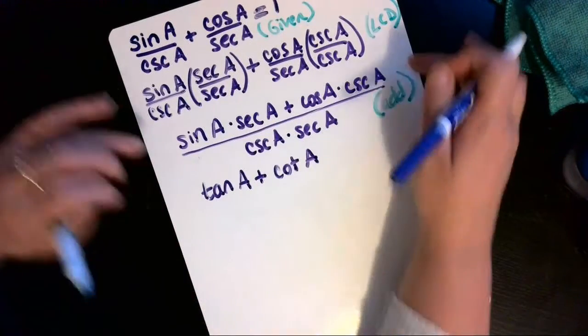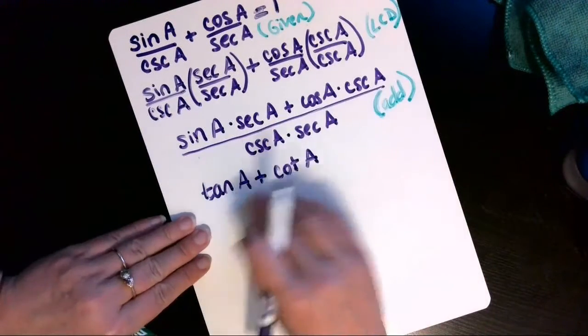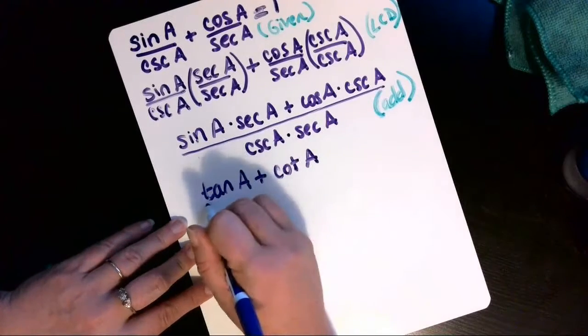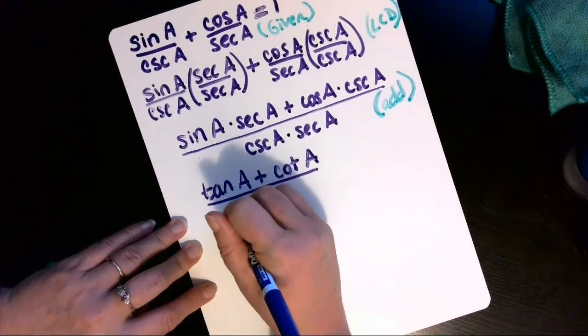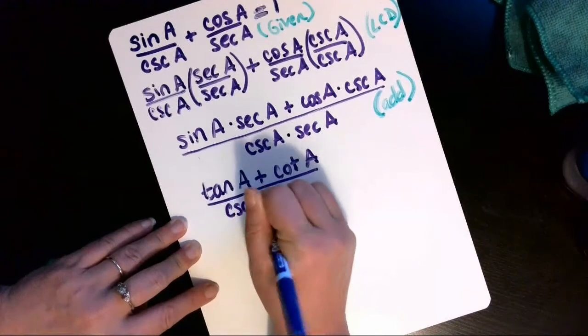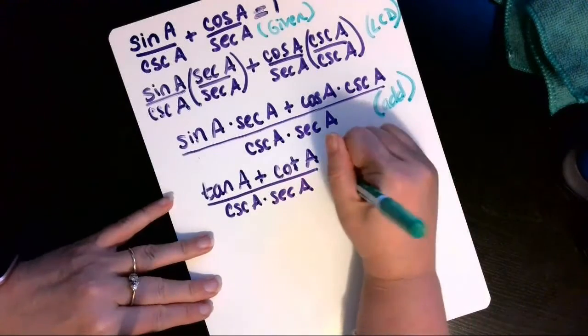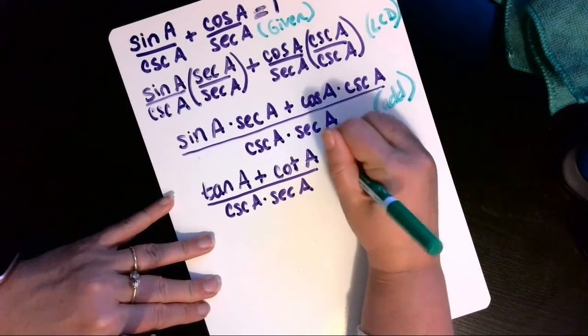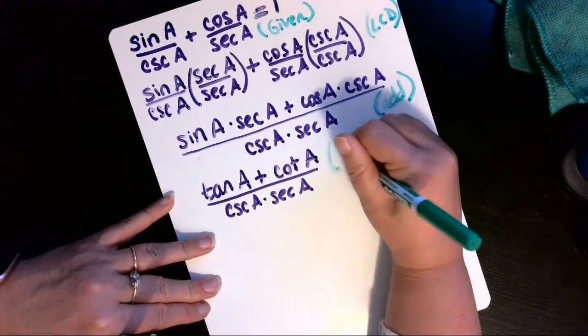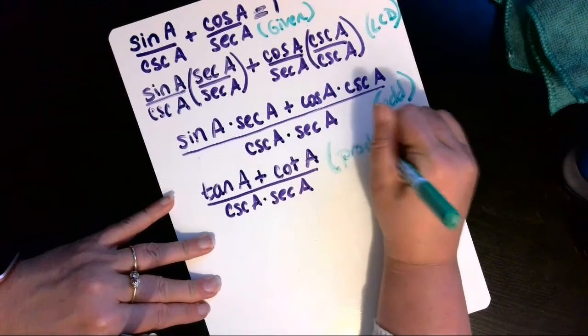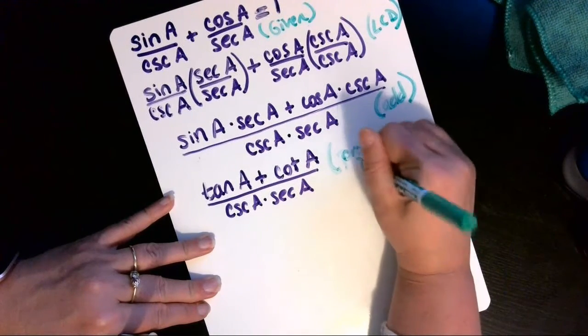So now in the numerator, we've condensed that down into the tangent of a plus the cotangent of a, and then that's all divided by cosecant of a times secant of a, and then our reason for that one that we write next to it in the proof is going to be product identity.